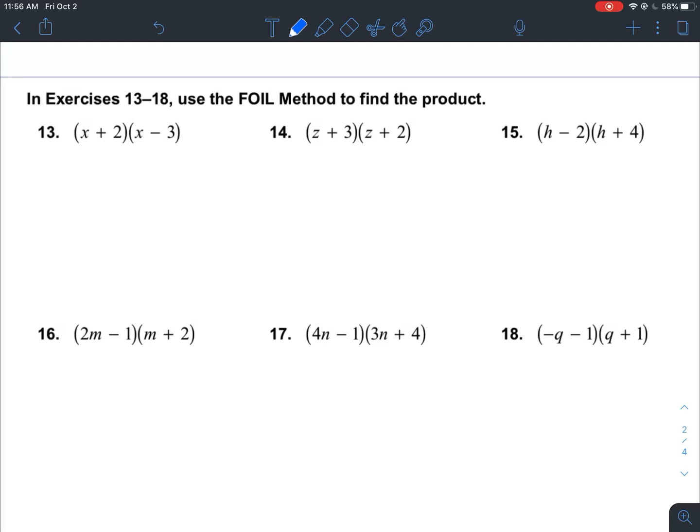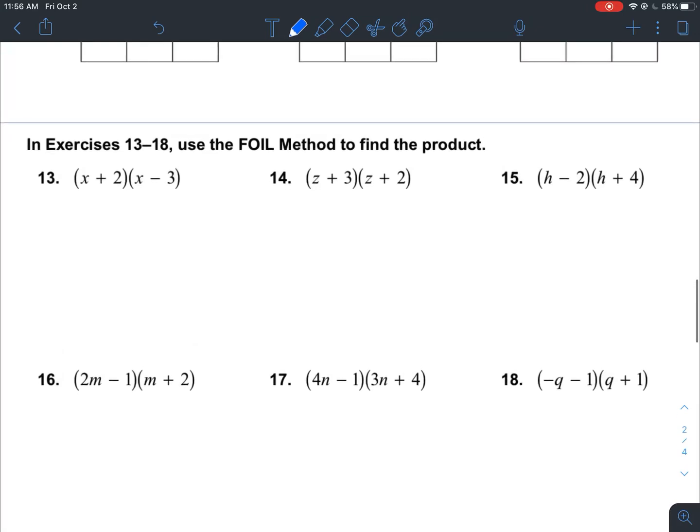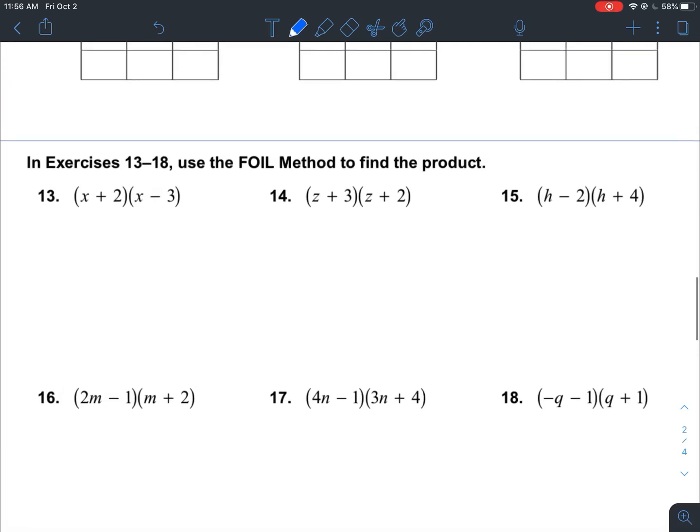And then here, in exercises 13 through 18, use the FOIL method. Okay? Honestly, I like the FOIL method the best. It's just the one that I learned, but use what you feel comfortable with. So that means take the first terms together and multiply them. So that's x squared. Okay?